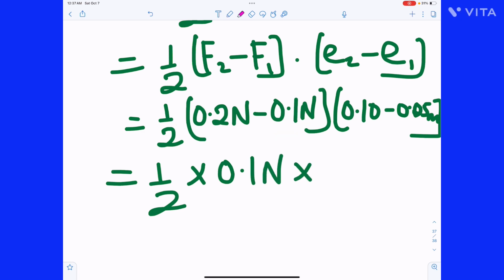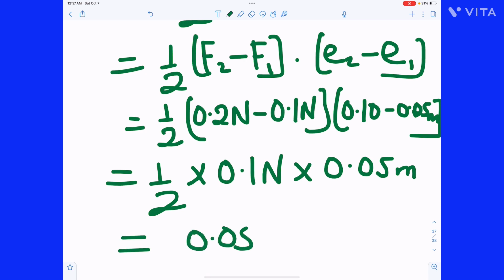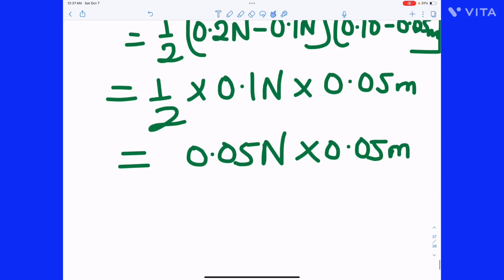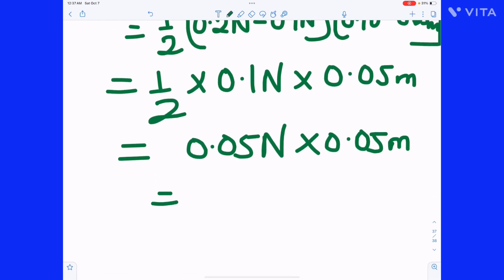Then 0.10 minus 0.05 is going to be 0.05 meters. You can press your calculator to check that. So that gives you 0.05 newton times 0.05 meters.